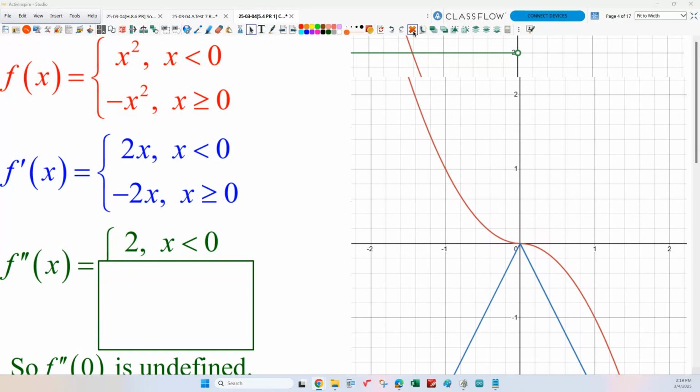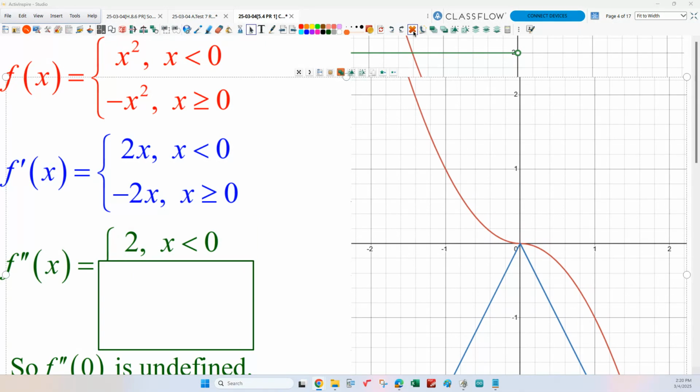No, and we knew that was going to happen. How come? Because there is a sharp corner in the first derivative, and the second derivative is the derivative of the first derivative. So if the function we're differentiating, the first derivative, the blue function, has a sharp corner, then the new derivative function, the second derivative, has to be undefined there, and it is.